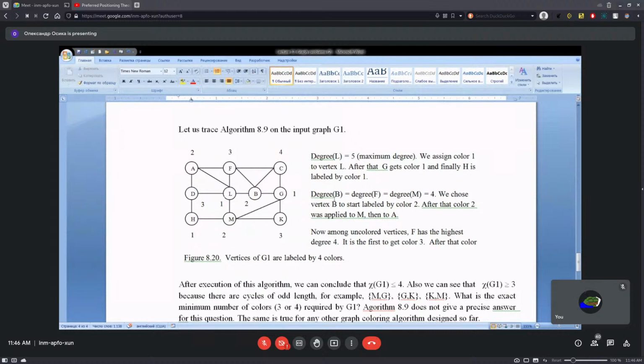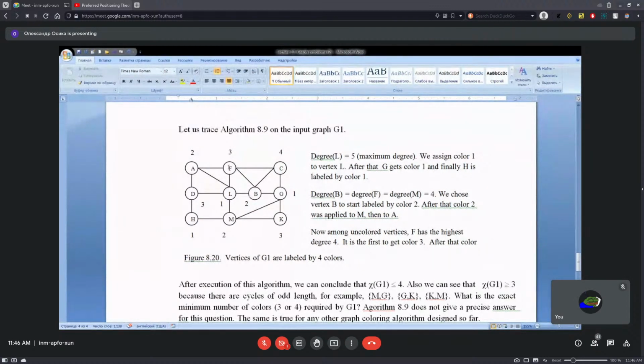Now we have exhausted the possibility to apply color 1. Now, the degree of B is 4, and the degree of F is 4.